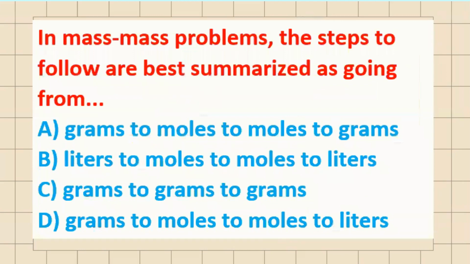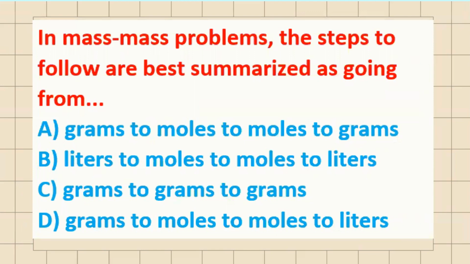In mass problems, the steps to follow are best summarized as going from A. Grams to moles to grams. Okay. B. Liters to moles to moles to liters. C. Grams to grams to grams again.